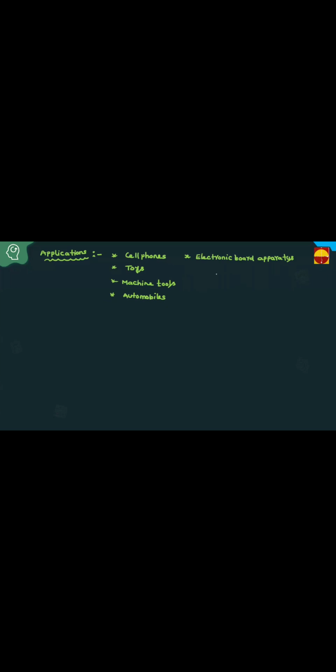Medical instrumentation also uses batteries. All these are DC. You can also use it in wireless technology. So these are the applications of DC supply or DC source.